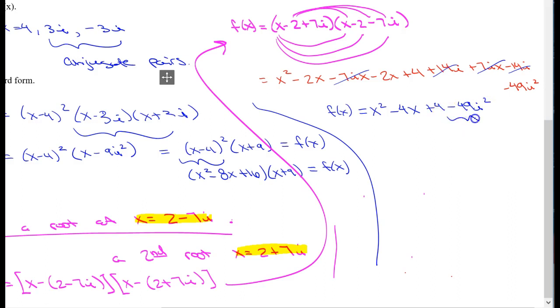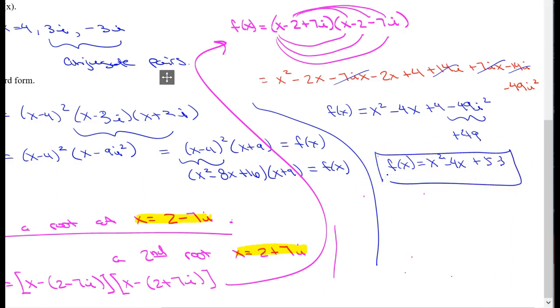But you would never leave that as 49i squared. You write this as positive 49 because i squared equals negative 1. At the end of the day, everyone, we get x squared minus 4x plus 53. How about that? And there is your function, okay?